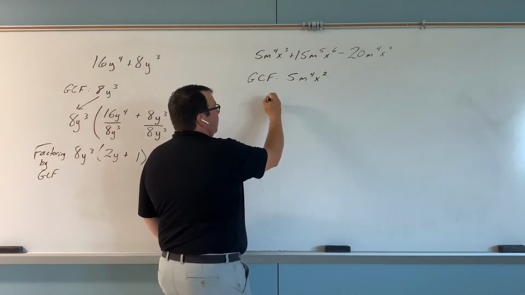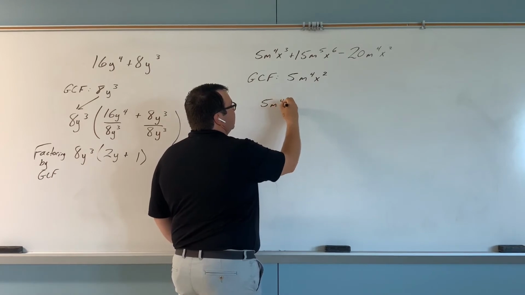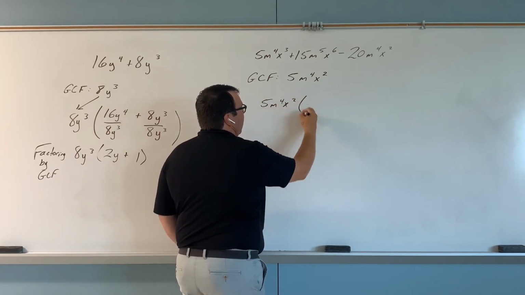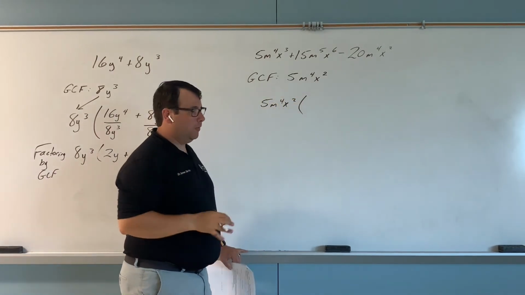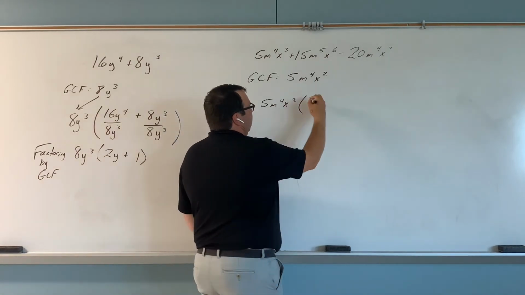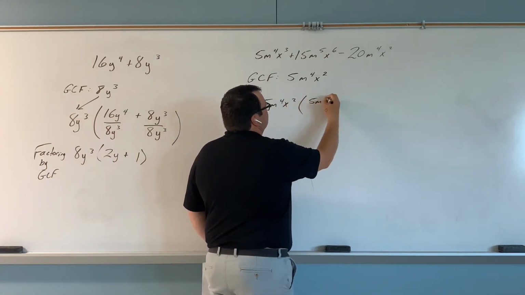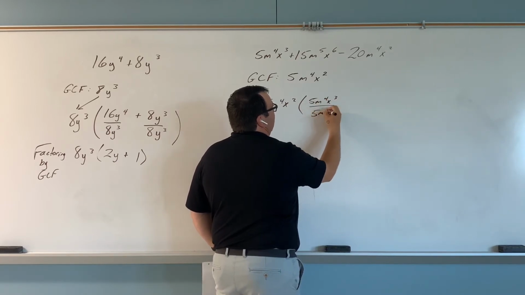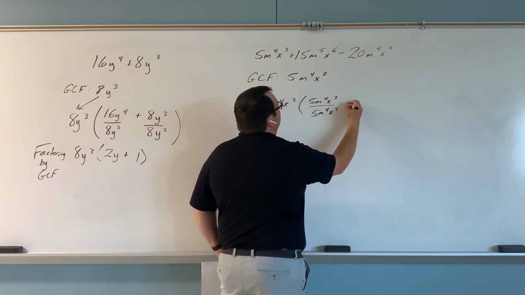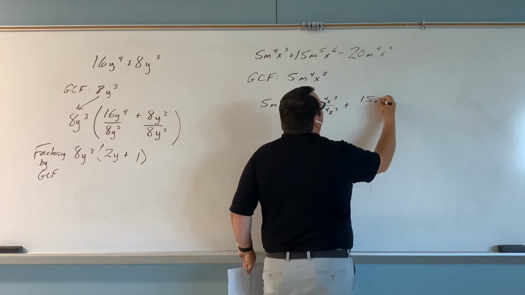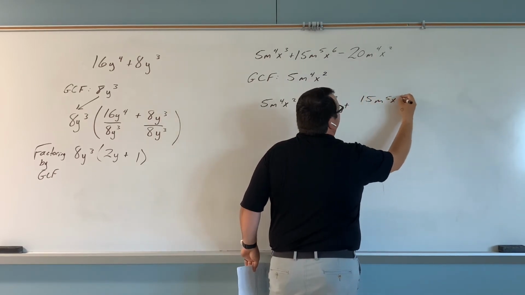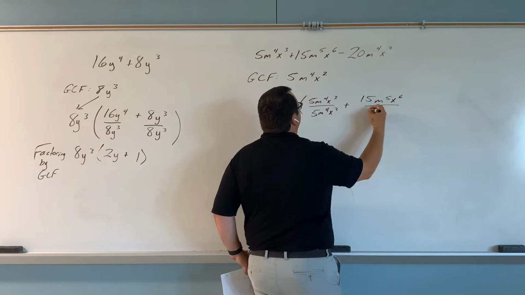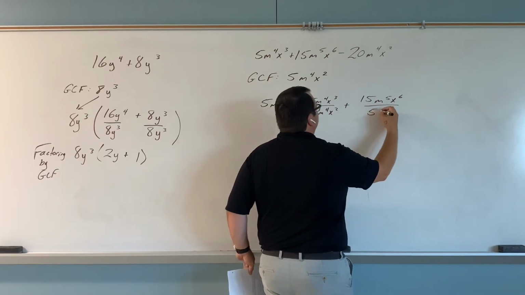What would happen if I pull that GCF out of this problem? What does it look like? So we're going to go ahead and set this up as division. So I'm writing all of my terms from the original polynomial, and I'm dividing out this monomial term, which is the GCF.